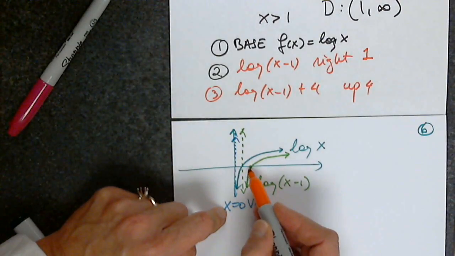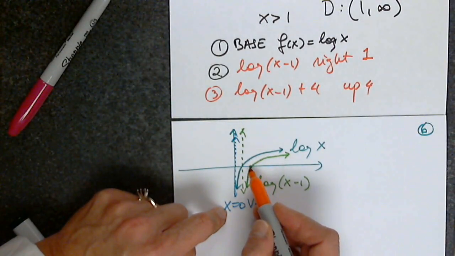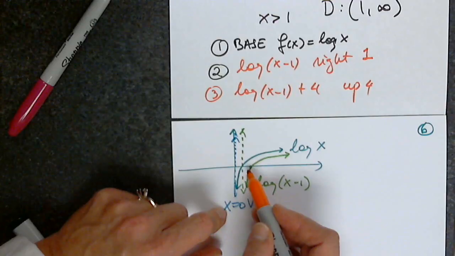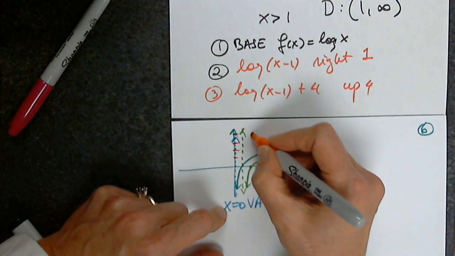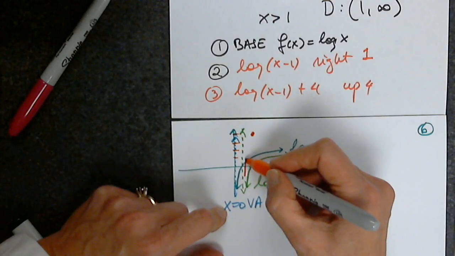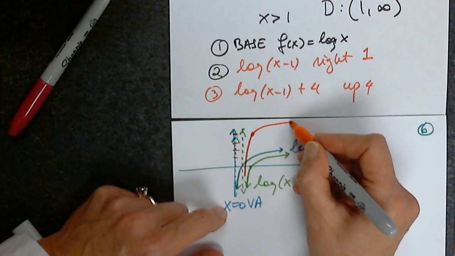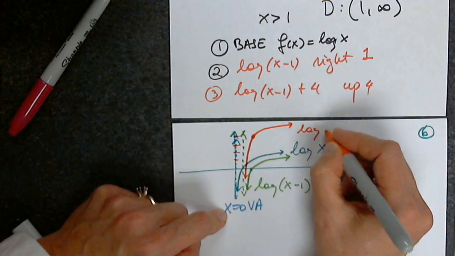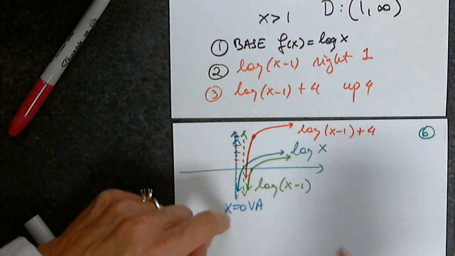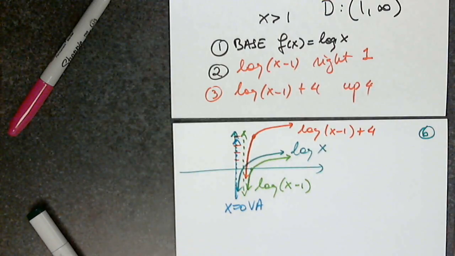So this point from 2 comma 0 will move to 2 comma 4. So this is log x minus 1 plus 4. Any questions?